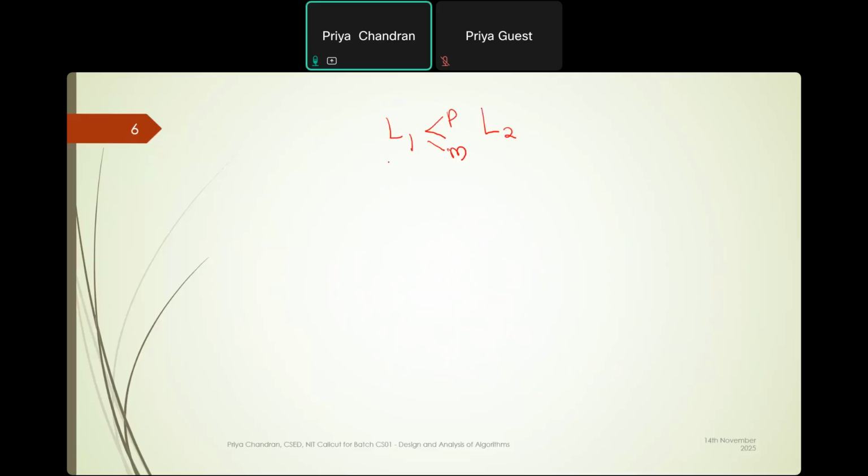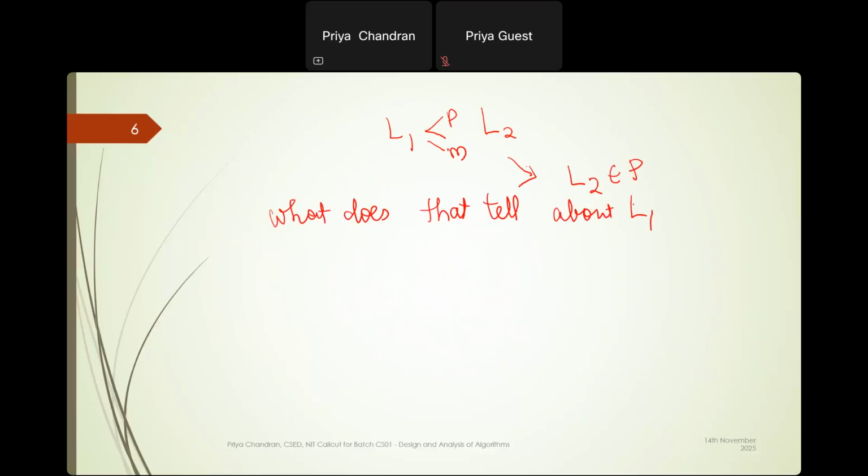So we are saying that L2 is now known to belong to P. So what does that tell us about L1? L1 also will be in P.